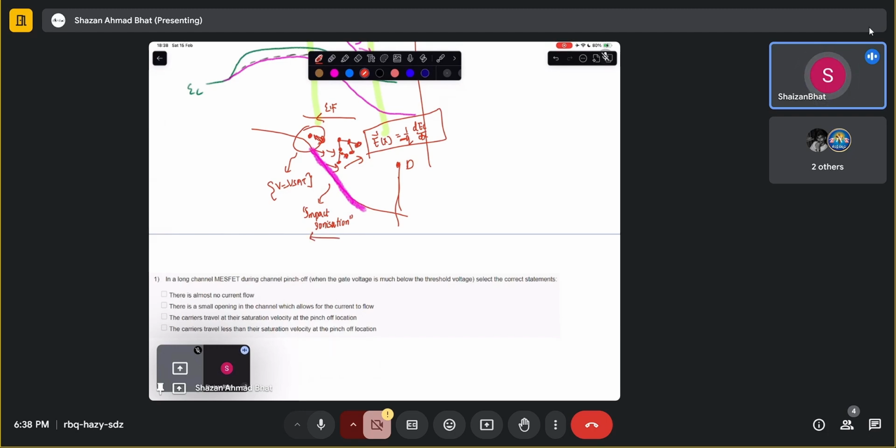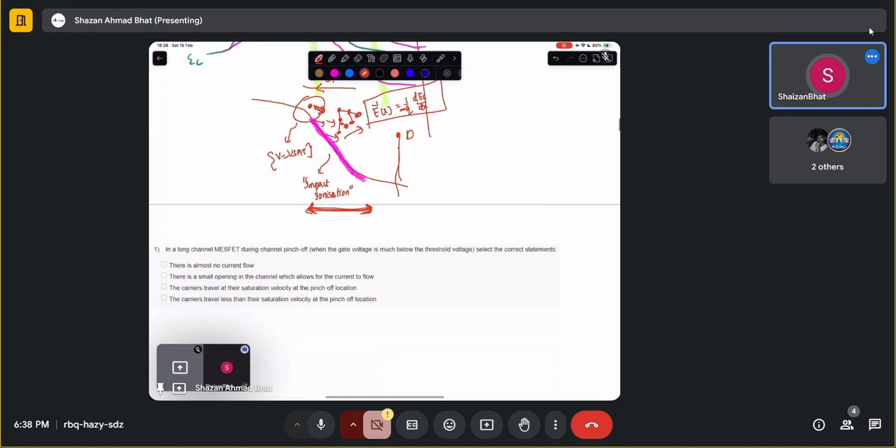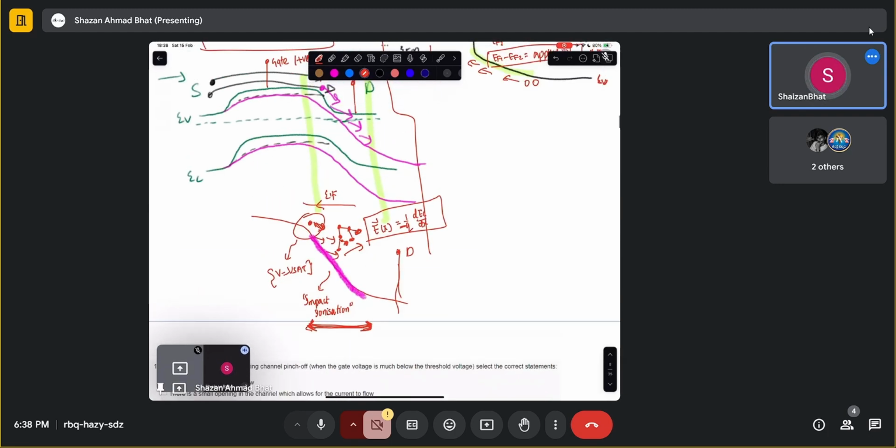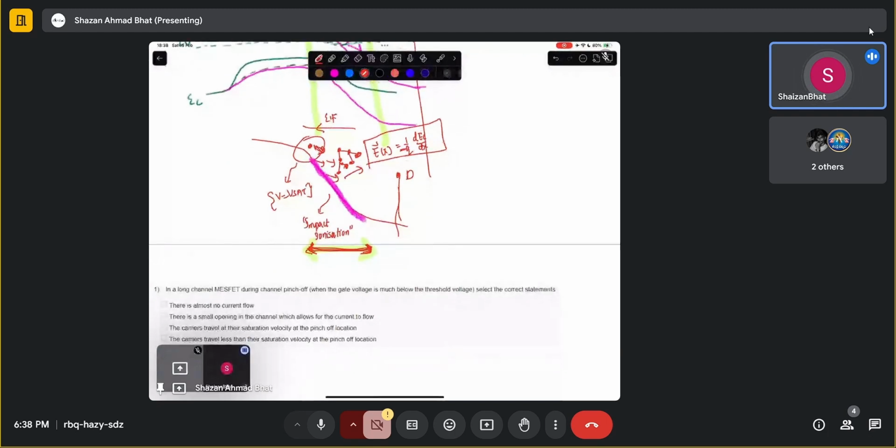Okay, so this particular length, from this point to the drain point, is going to be very important, because you also saw in the previous week how you can tackle the breakdown: you can control this length. If you control this length, then you can control the breakdown.